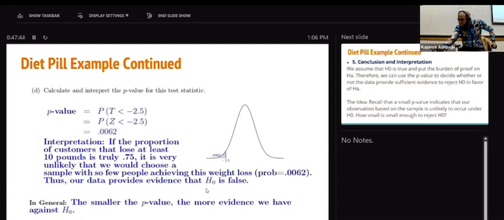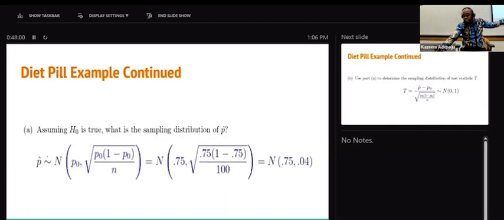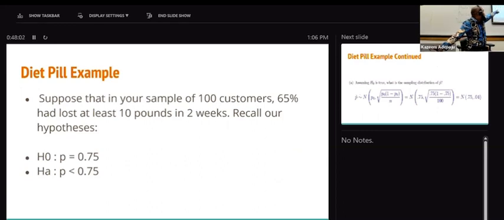So our data provide evidence that H0 is false, because what is true is HA. We are rejecting H0, right? We are accepting that the alternative is less than. Does that make sense? That's exactly what we mean.